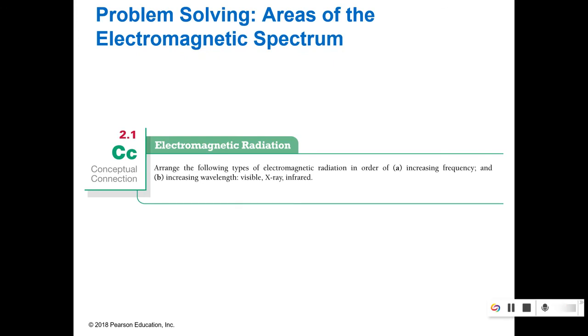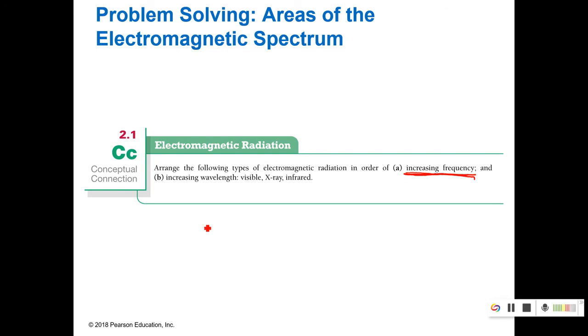Okay, so arrange these types of EM radiation in order of increasing frequency. Okay, and this is a good thing to do too, because sometimes y'all get confused on increasing and decreasing, and I just want to be very clear and make sure you understand. So increasing frequency means we're going from less harmful to more harmful.